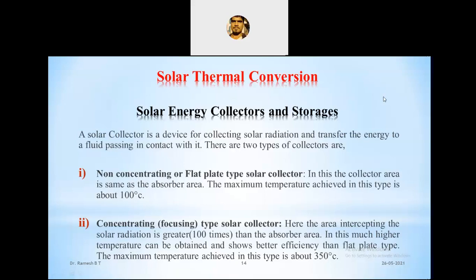The larger the collector area, the more solar radiation it will absorb. But compared to the second one, the concentrating type, here the area intercepting the solar radiation is greater, sometimes 50 or 100 times the absorber area.